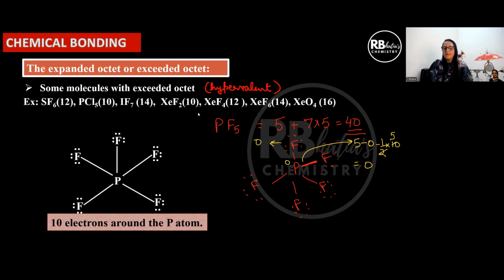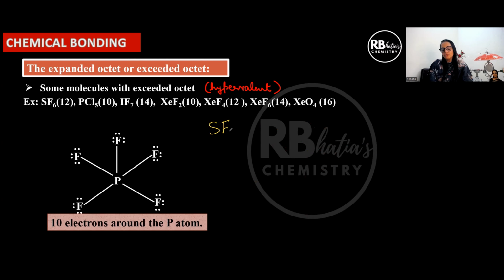Now, similarly, if let us say I choose to draw the Lewis-Strauss structure of SF4, how do I go about it? Sulfur having 6, fluorine 7 into 4, 28, plus 6 makes it 34. I make sulfur the central atom and 4 fluorines around it. I complete the octets of the fluorines.